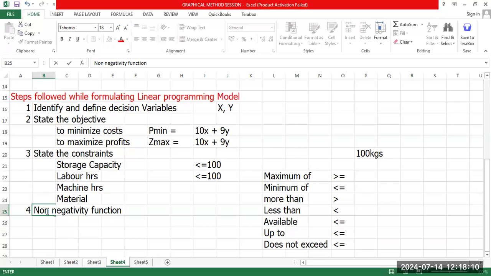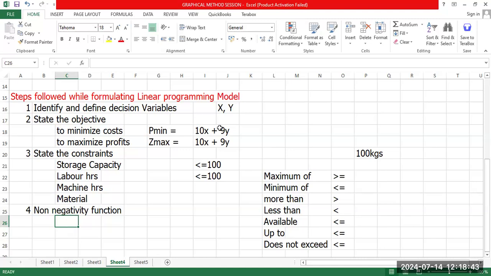So you're restricting yourself by coming up with what we call the non-negativity function, to restrict all your values to be 0 or above. We don't expect negative values anywhere when you're handling linear programming. In short, you cannot produce negative quantities. That is always our assumption. You either produce or don't produce.